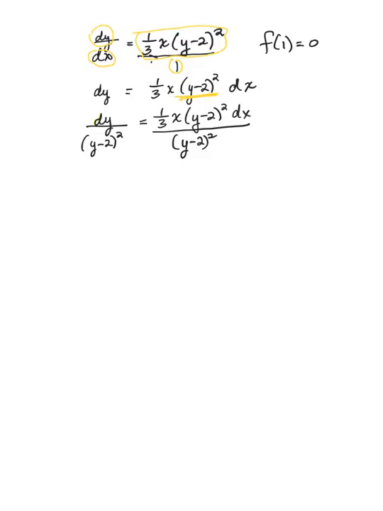And the reason why I did this is because these now divide through, and I've separated the variables. I have dy over y minus 2 squared is equal to 1/3 x dx. All right, so now my y's are on the dy side. Even if I'm dividing with an expression by y, it's okay. And the x's are with the dx side.